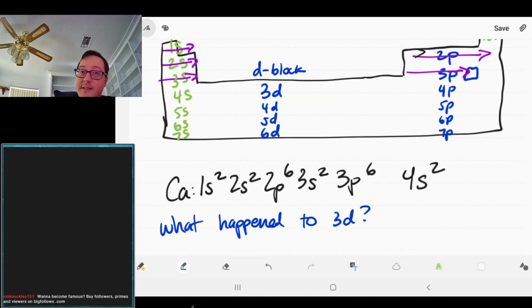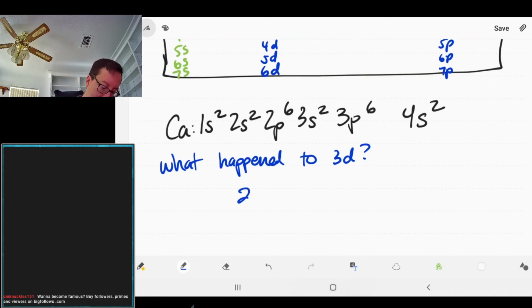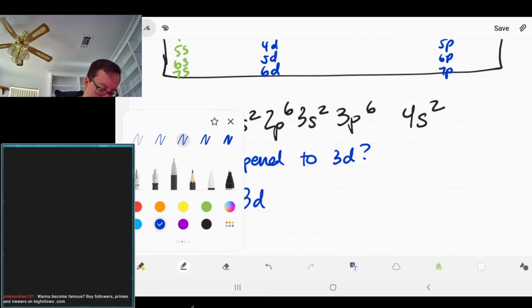So our d subshell, in terms of energy, our 3d subshell is in between 4s, so it's higher energy than 4s, but lower energy than 4p. And so we see that 3d is in between those two.